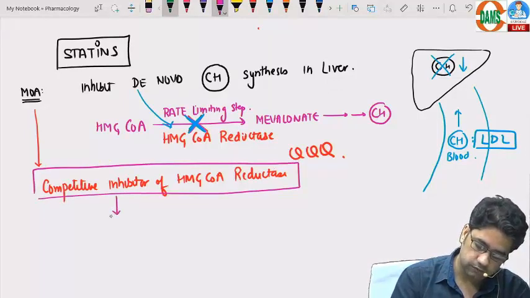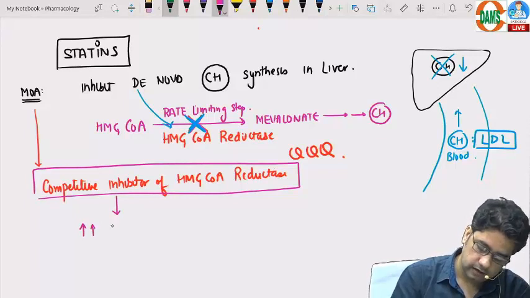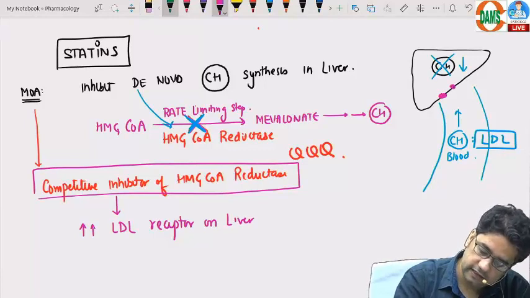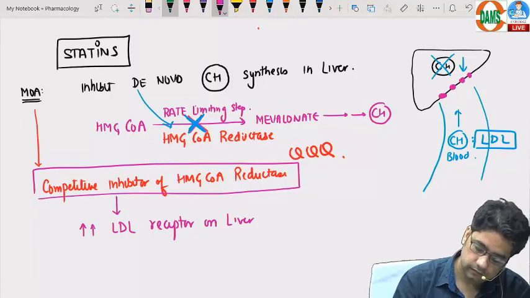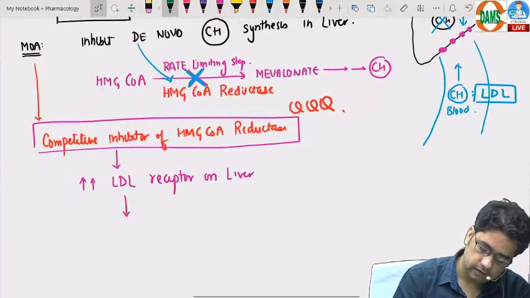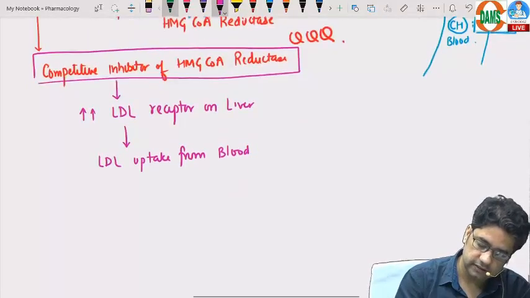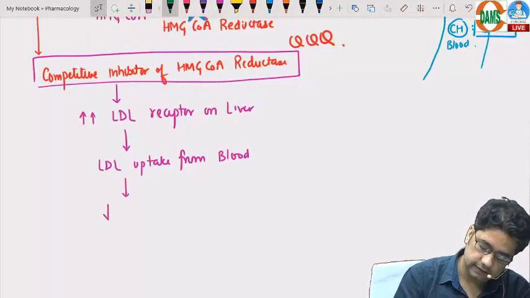This will lead to increase in LDL receptors on liver, and because of this reason, there will be LDL uptake from blood. Because of this reason, there will be decrease in blood LDL level.